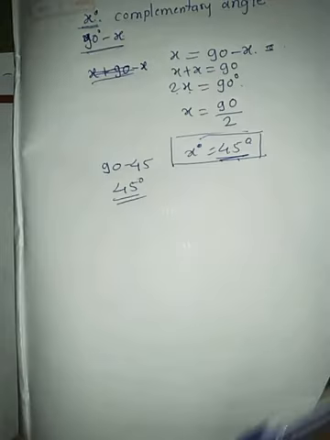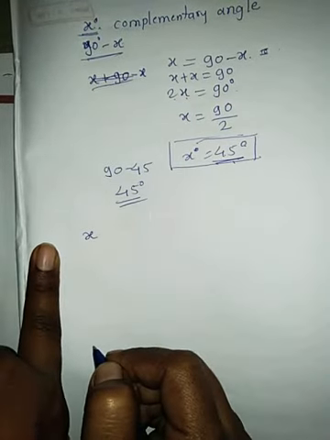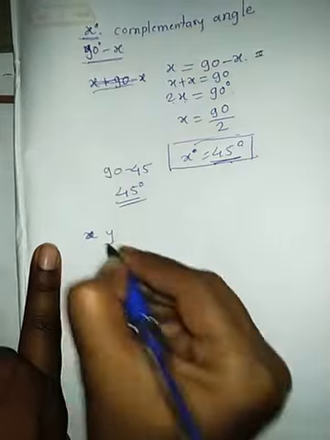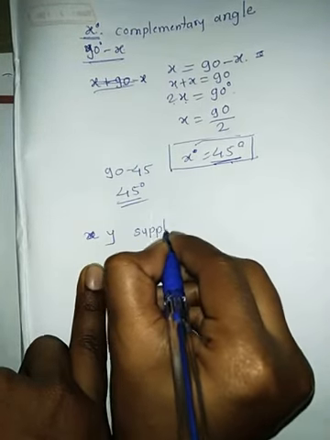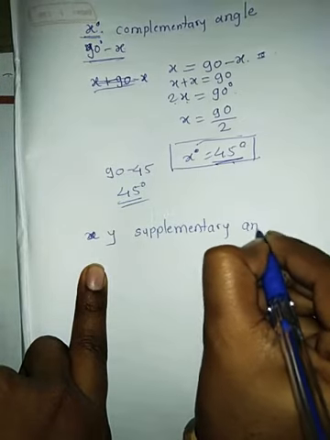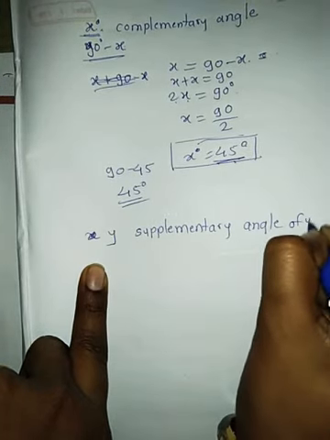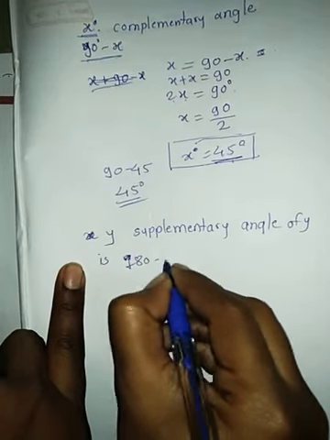Then the next thing is find the angle which is equal to its supplement. Now what does supplement angle mean? First take one angle x, or you can say y also. Take angle y. Now the supplementary angle of y is 180 minus y.